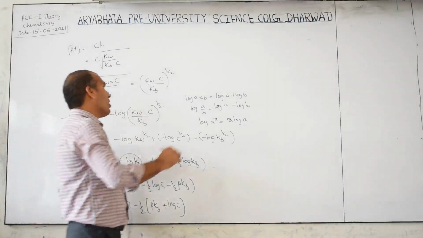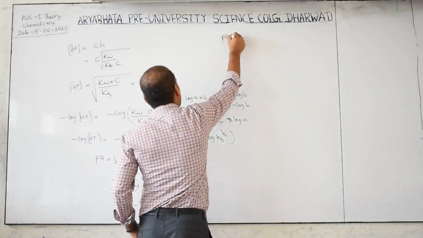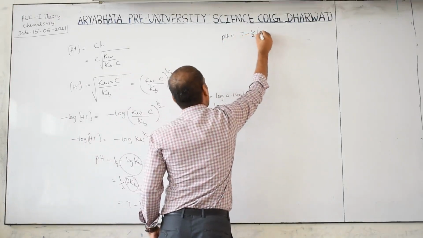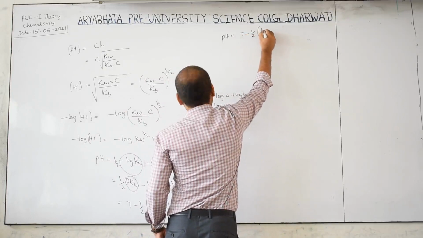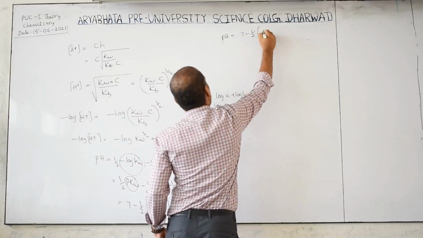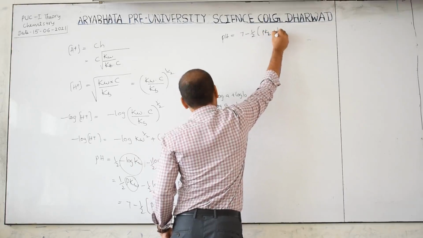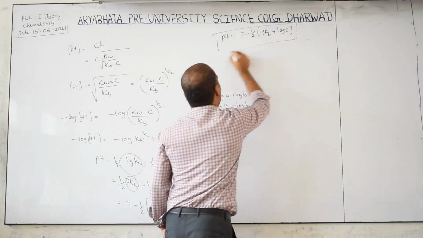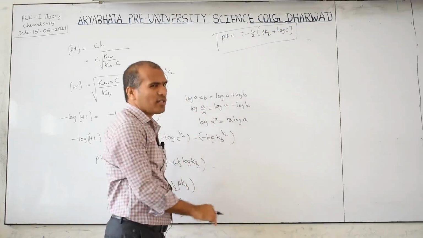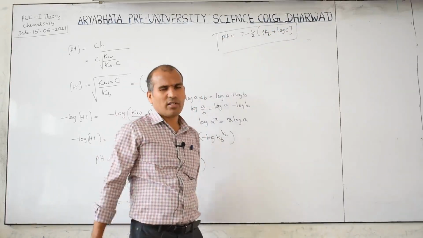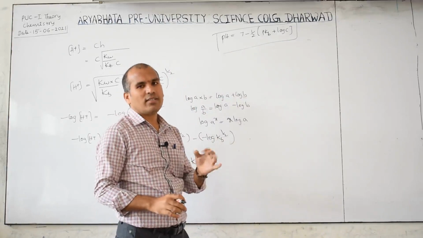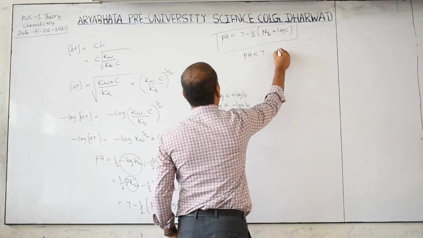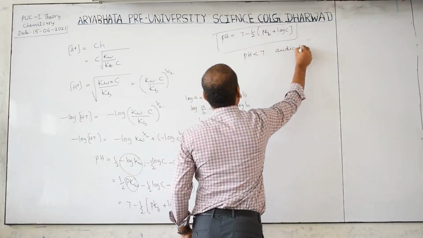Therefore pH is equal to 7 minus 1 by 2, sorry not log, that is pKb plus log C. This formula indicates that this is some value. When some value is subtracted from 7, then what do you get? Less than 7. Therefore pH will be less than 7, that indicates an acidic solution.